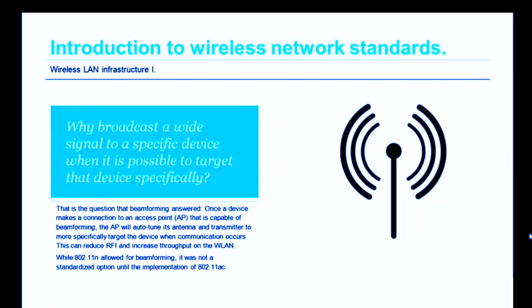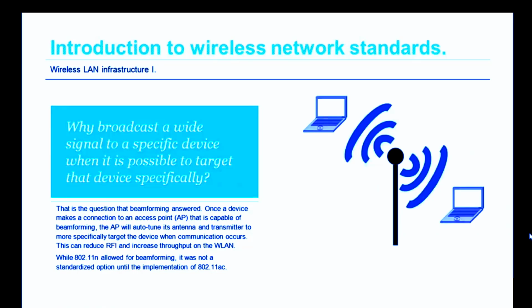So why broadcast a wide signal to a specific device when it's possible to target that device specifically? This is the question that beamforming answered. Once a device makes a connection to an access point that is capable of beamforming, the AP will auto-tune its antenna and transmitter to more specifically target the device when communication occurs.